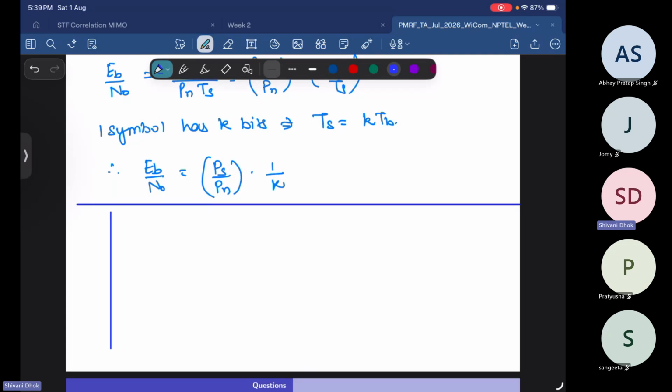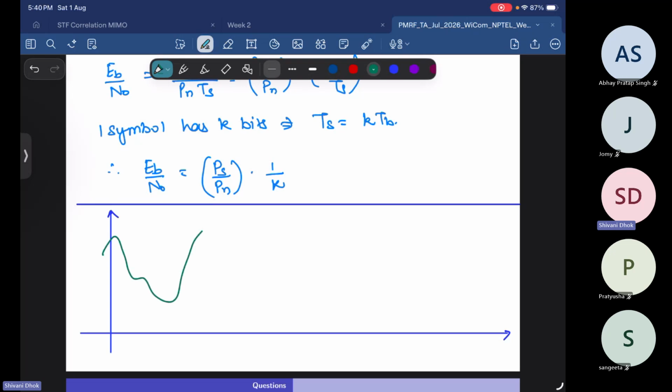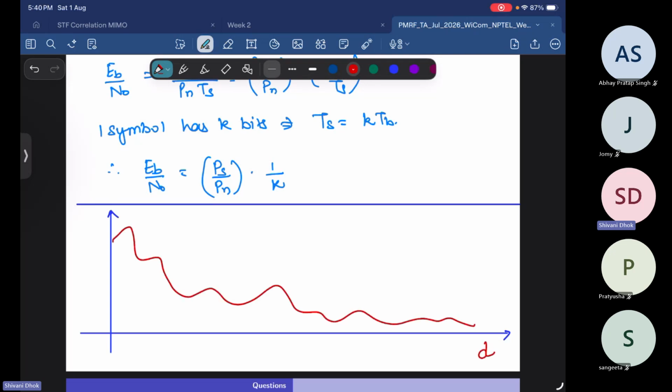So generally what happens is your received signal is a fluctuating quantity which looks something like this with distance, instead of having a straight line.